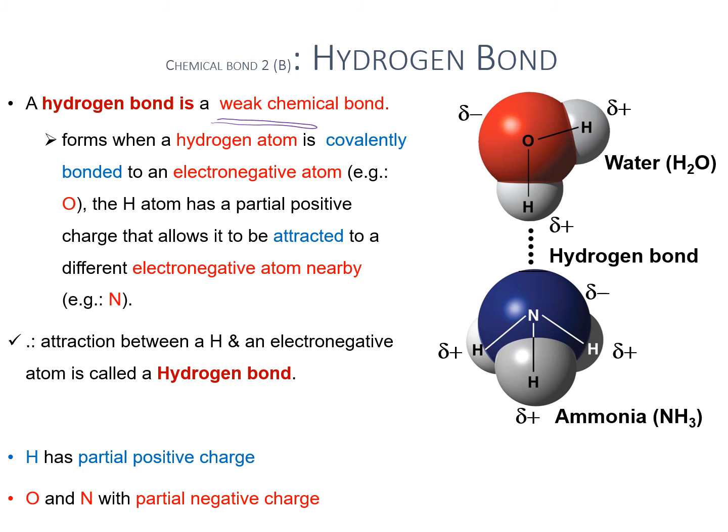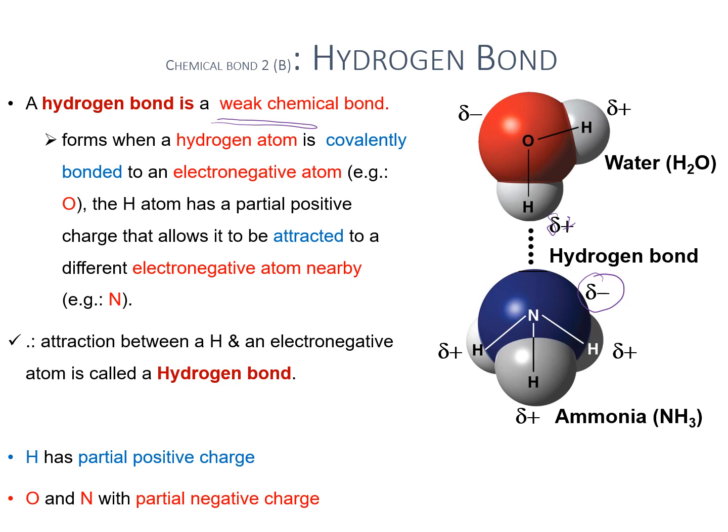atom nearby. So for example, here you have a water molecule, oxygen and two hydrogen atoms. Nearby you have another molecule, which is ammonia, NH3. The nitrogen of ammonia will have a partial negative charge, and the hydrogen atom of the water molecule will have a partial positive charge.